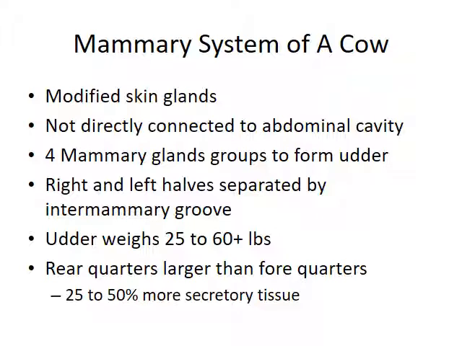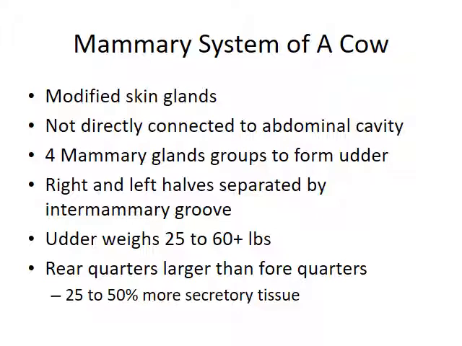So with our dairy cow, we're talking about 4 mammary glands grouped to form the udder. Each of them is more or less separately supplied with blood to and from, and there's no real communication with the duct systems of all 4 quarters. They're maintained separately.